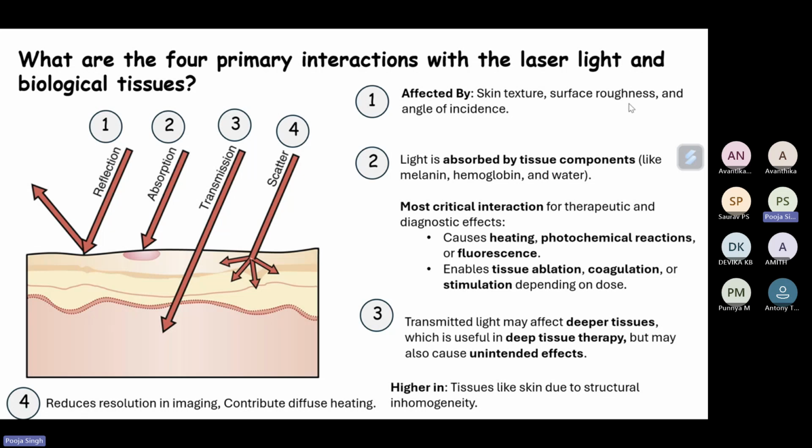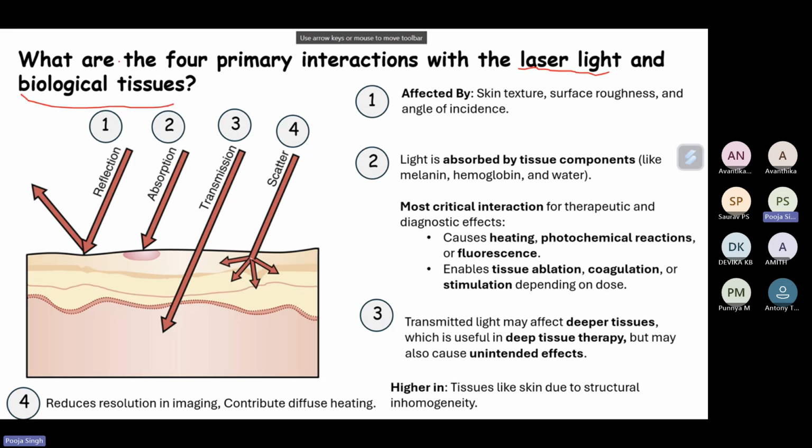This is a little bit of a theoretical part, because in bio you have to learn more, and there are a lot of concepts, but I will try to make it as easy as I can. So what happens once your laser interacts with biological tissue?